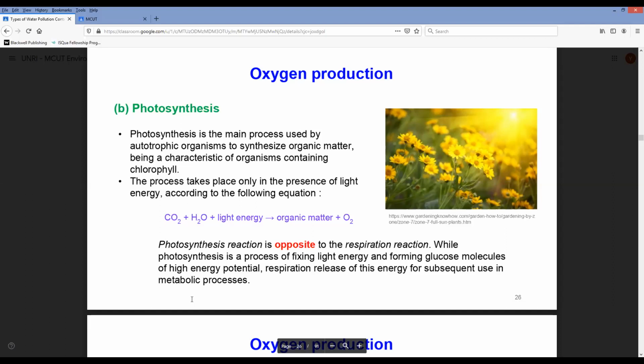According to the following equation, the CO2 and water will convert, and we will produce oxygen. So photosynthesis is a reaction opposite to the respiration reaction. Photosynthesis is a process of fixing light and forming a glucose molecule of high energy potential, while respiration is the release of the energy and its subsequent use in a metabolic process. Okay, next please.